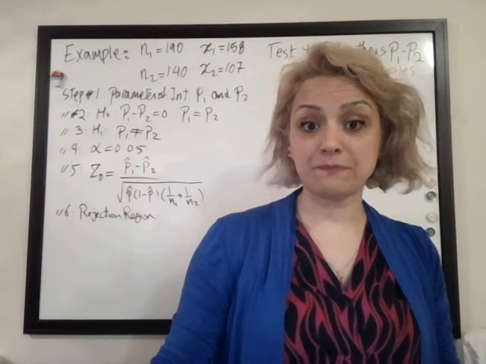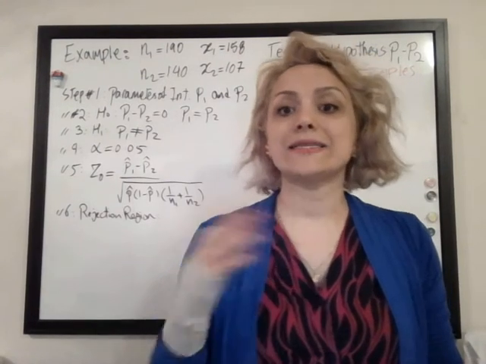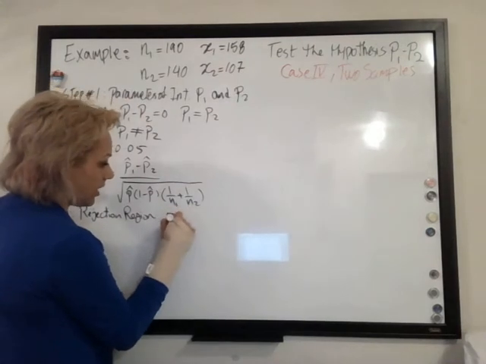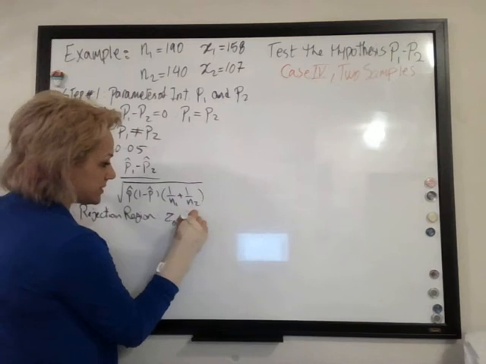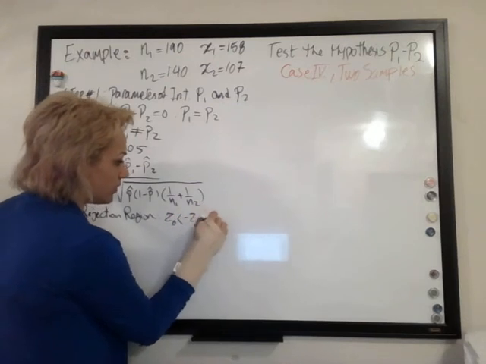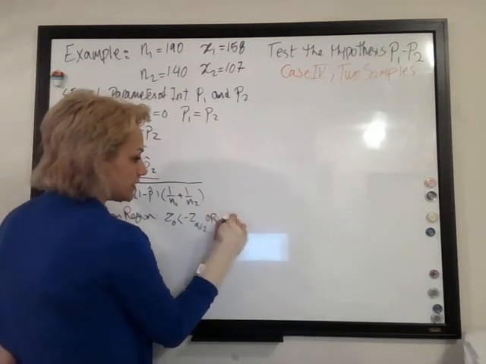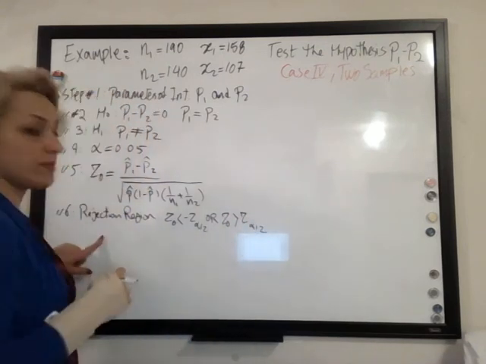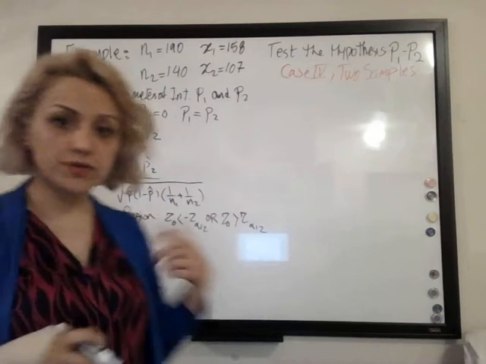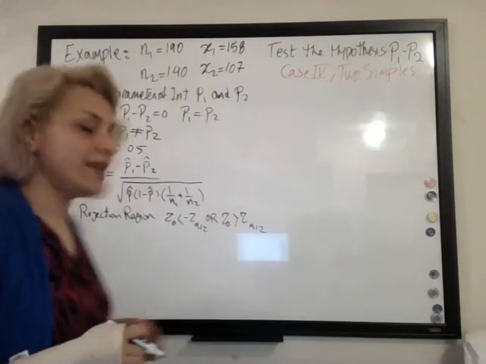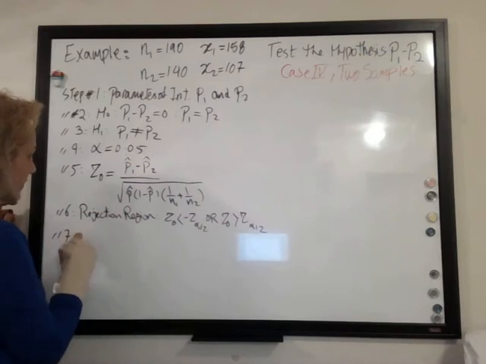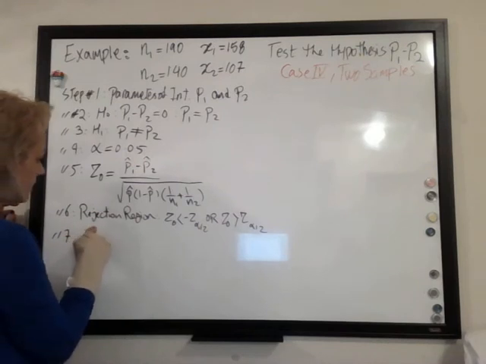So if our Z observed is less than minus Z at half of alpha, or Z observed is greater than Z at half of alpha, that's going to be my rejection region. And then we have number 7, where we want to do the calculation or computation.